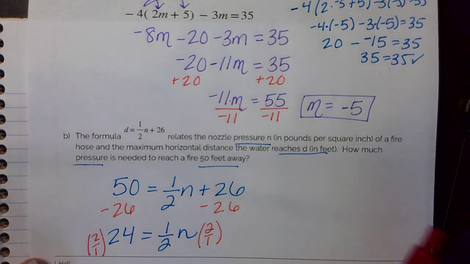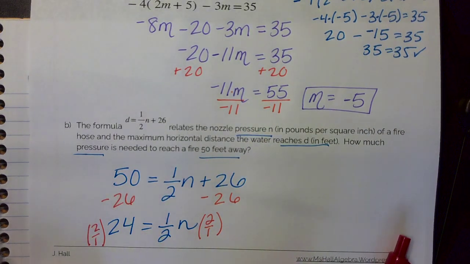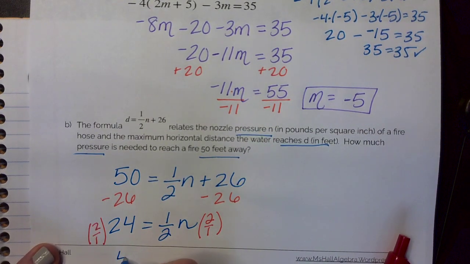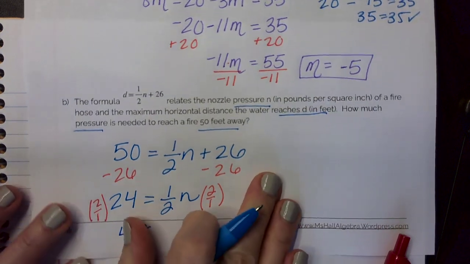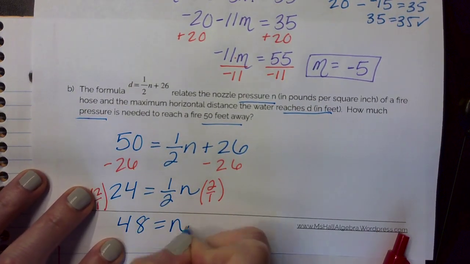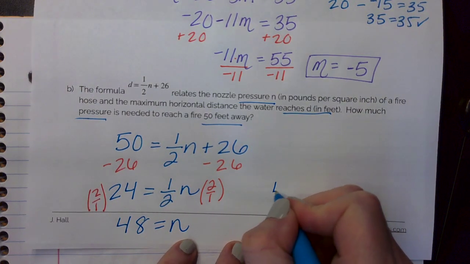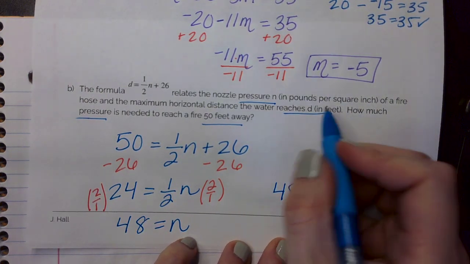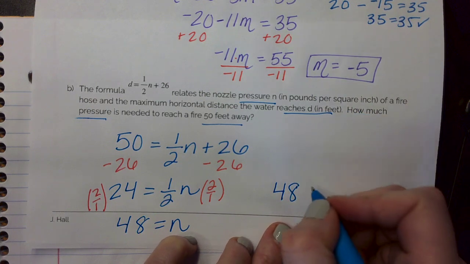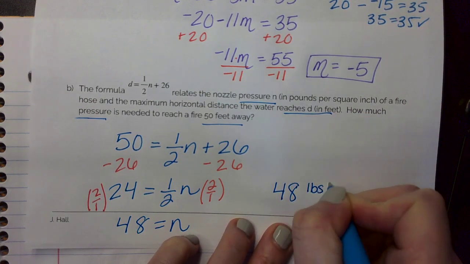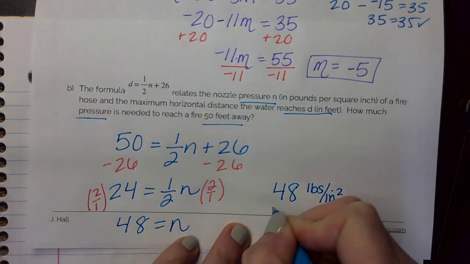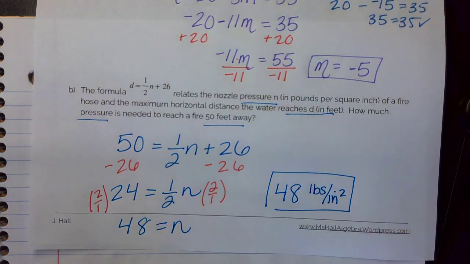So we'll take both sides times 2 over 1, and we will get 48 equals N. So the answer here is 48, and it's in pounds per square inch. So let's do pounds per inch squared is the units, and that is our final answer.